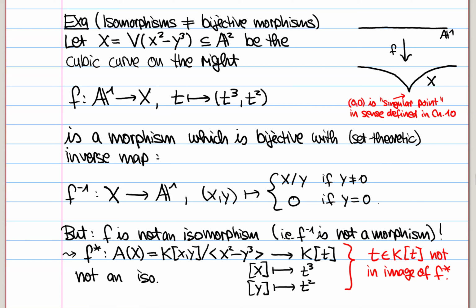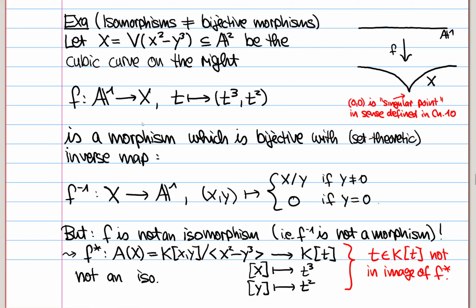To show that f is not an isomorphism, we can now go to the commutative algebra side and just see what is f star. This would have to be an isomorphism, right? And what you do is you just plug in the definition. Again, this is a radical ideal, you can check that. And so A(X) is given by this quotient here.